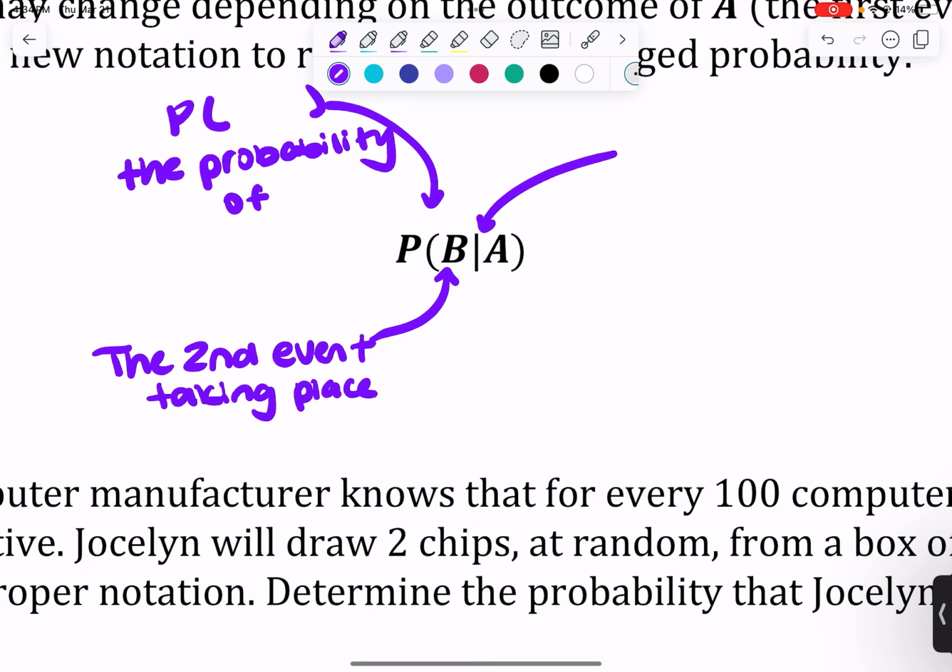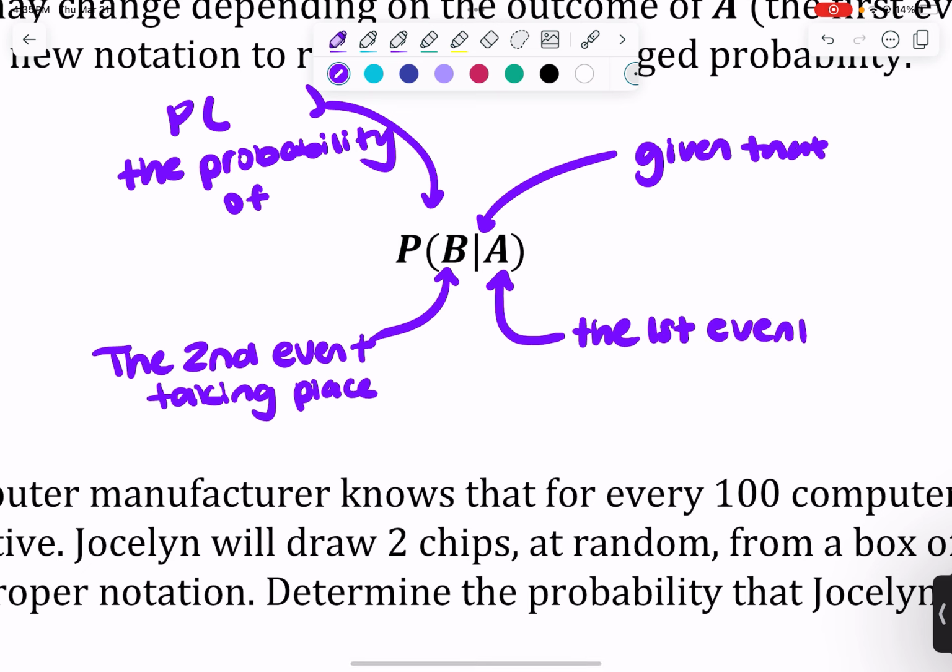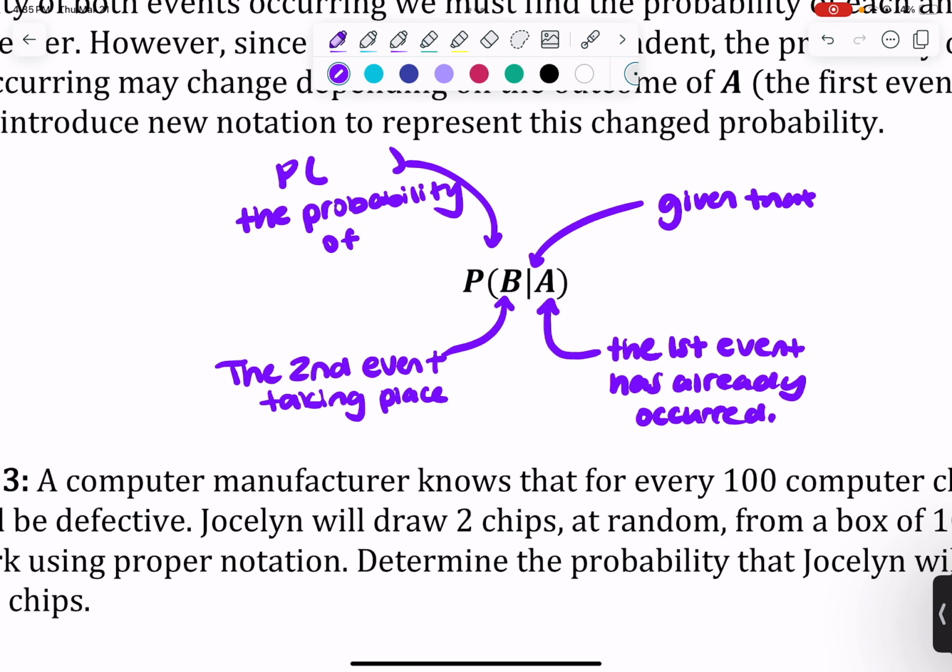This straight vertical line means given that. And this A, that's my first event. But because it comes after that vertical line, that implies the first event has already occurred. It's already happened. It's already taken place. So that's how we look at that. That's the probability of my second event taking place, given that the first event has already occurred.